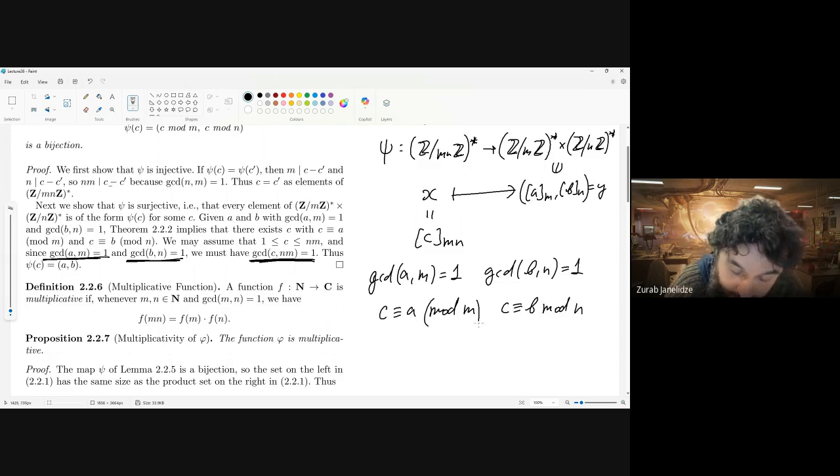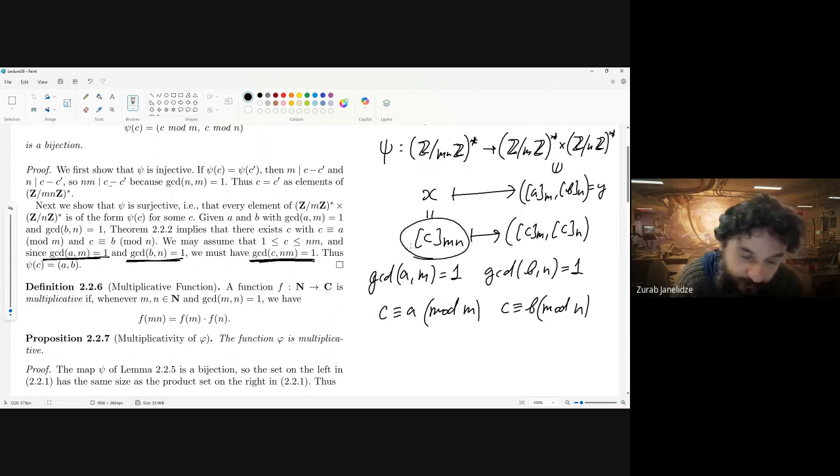Well, we know that because that's what it means for X to map there, right? The value of X under psi would be, I'm just now repeating what we already discussed, right? It would be mapped to the equivalence class of C under the M relation and the equivalence class of C under the N relation. And knowing that psi maps this element to this, the one we started with, we know that these coordinates are equal. So then C and A have the same equivalence class for the M relation, and C and B also have the same equivalence class for the N relation. So that's how we get this.